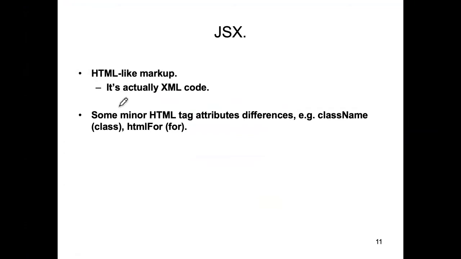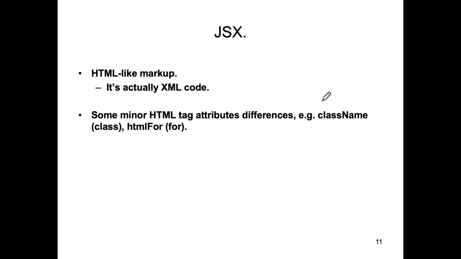The only one that we will ever come across is the fact that whereas in normal HTML, if we want to refer to some CSS styling, we use the class attribute on our HTML tag. We can't do that in JSX because, as I said, class is a reserved word within JavaScript. And because we're going to be mixing our JSX into a JavaScript file, when the runtime environment sees the keyword class, it gets confused.